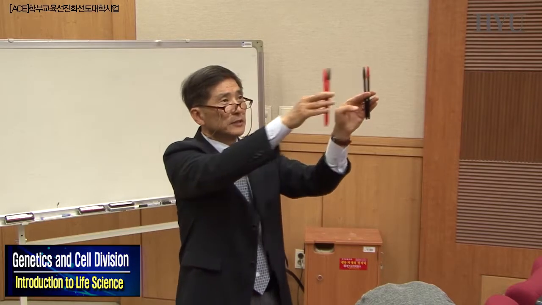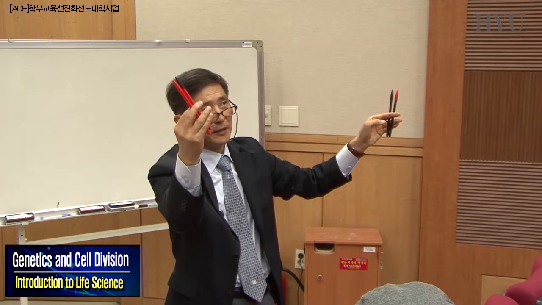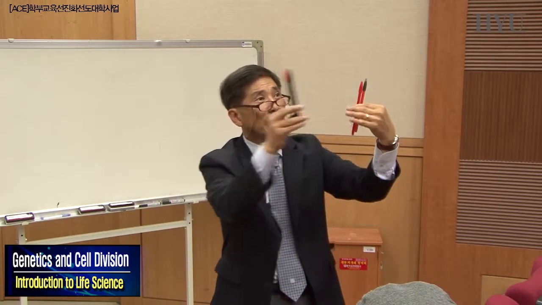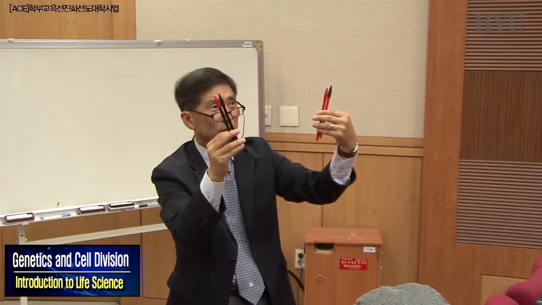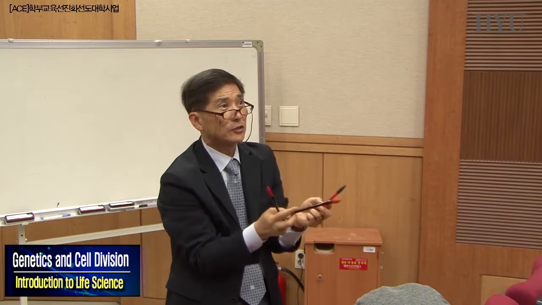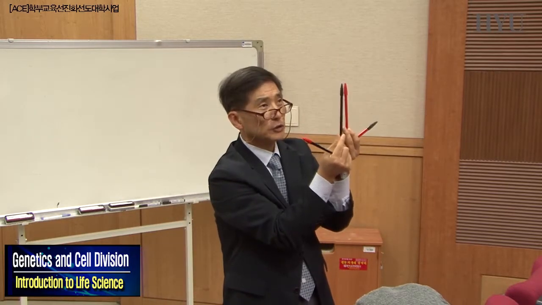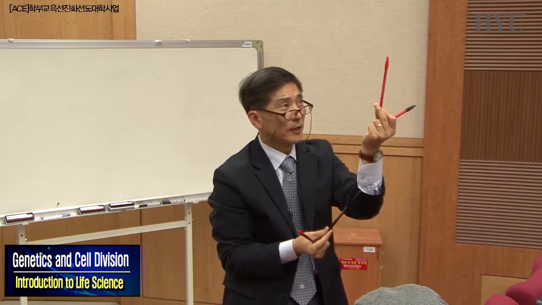If you split this way, this will have mother's copy, right? But if you align this way, this will have father's copy. You have a choice because that's the meiosis. You start with this. Your choice is either you will take this one or you will take this one.